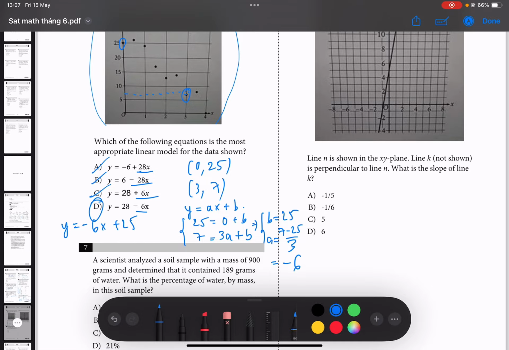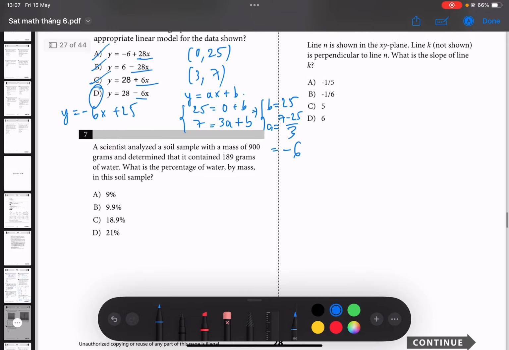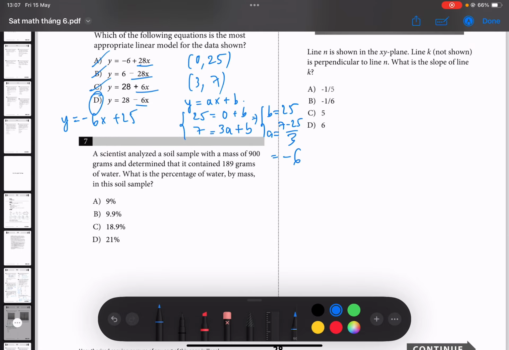So let's move on to number 7. A scientist analyzed a soil sample with a mass of 900 grams and determined that it contained 189 grams of water. What is the percentage of water by mass in the soil sample? So for the percentage of water, you take the mass of the water divided by the total mass and multiply by 100%.